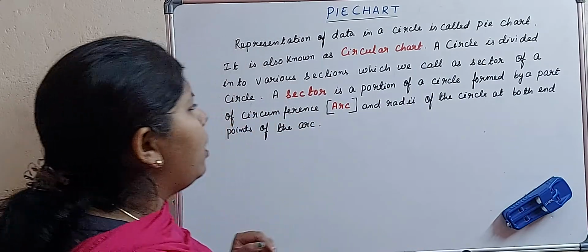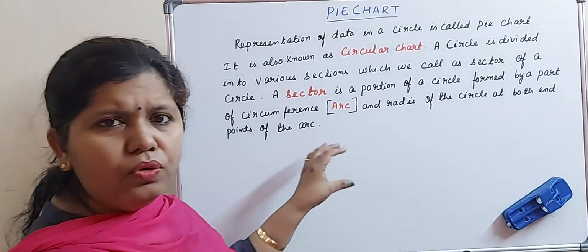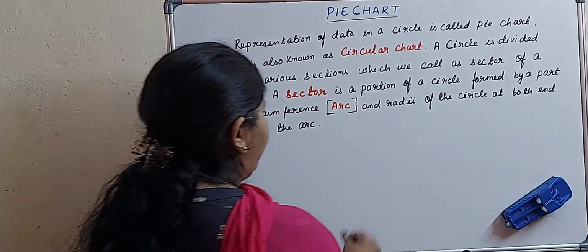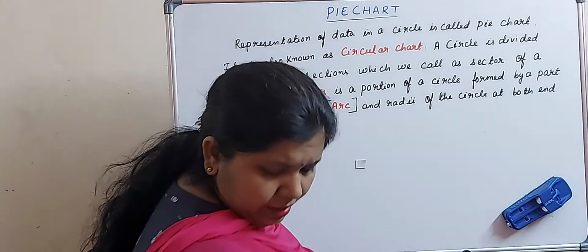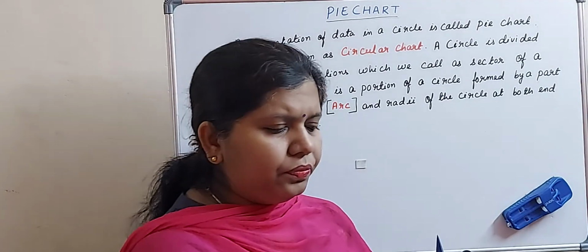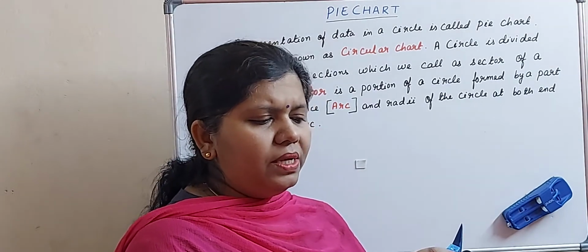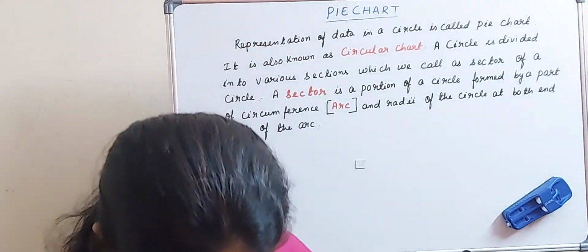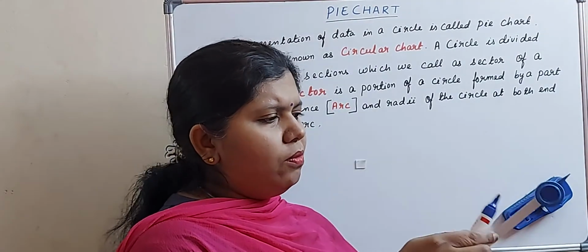So let us draw a pie chart and I will show you how the sector is drawn on a pie chart. For that, first we will take a compass like this. I have a compass for the whiteboard.